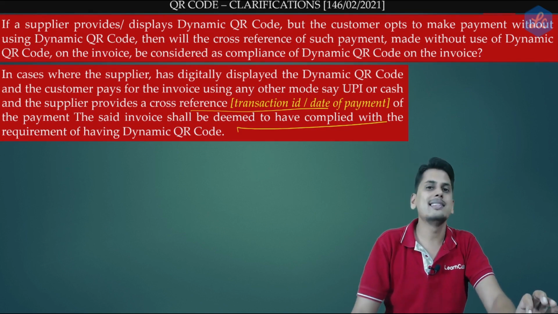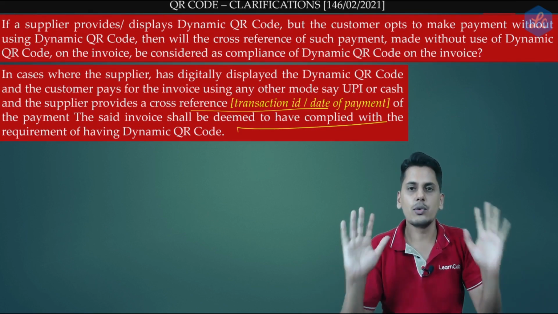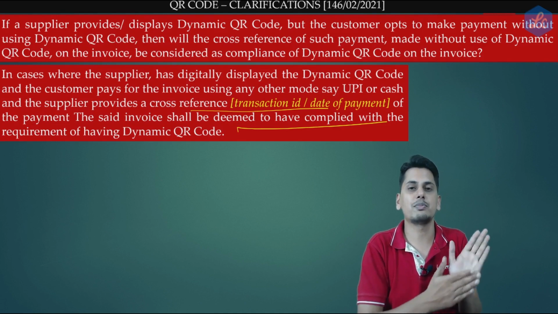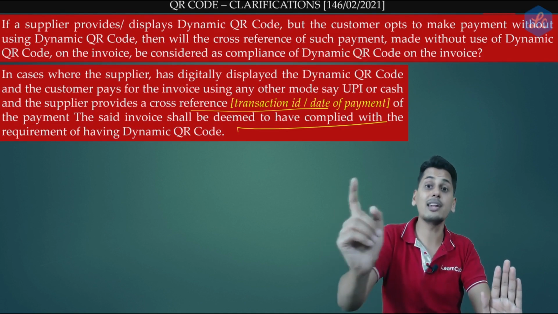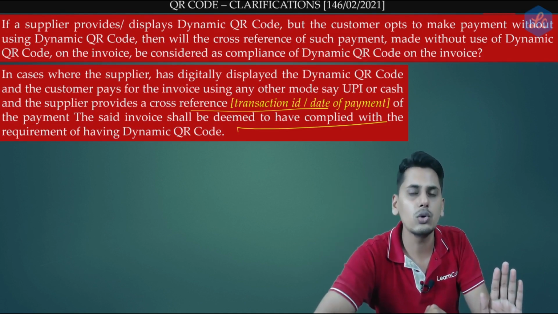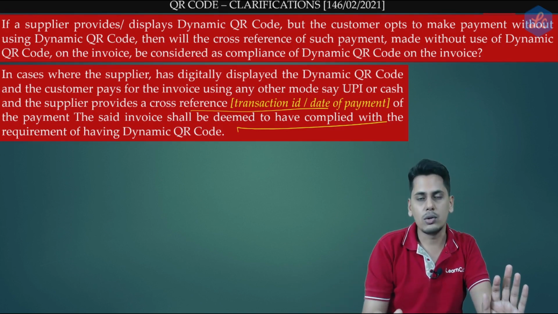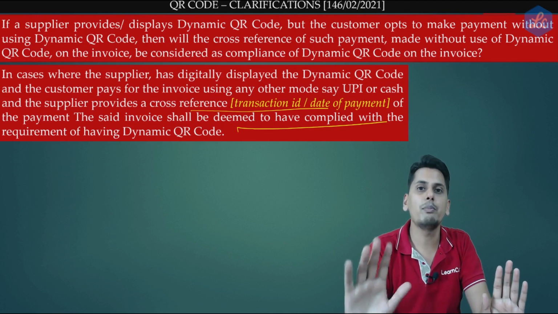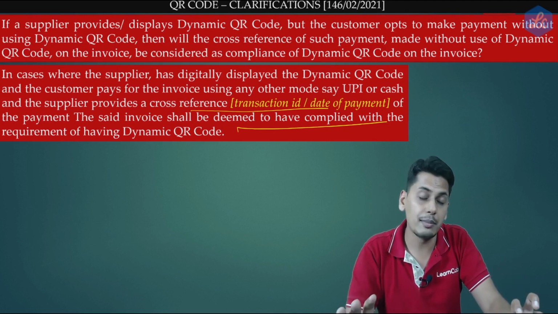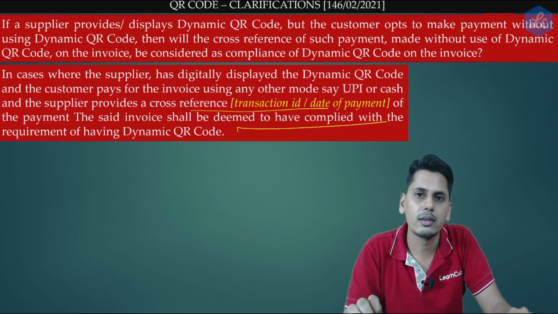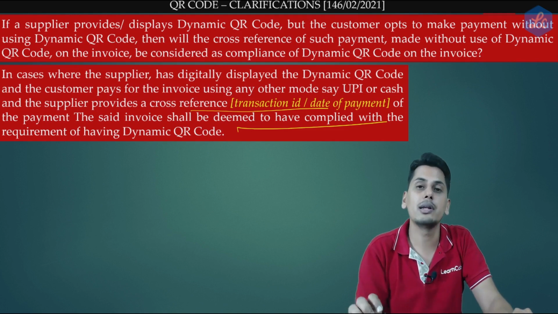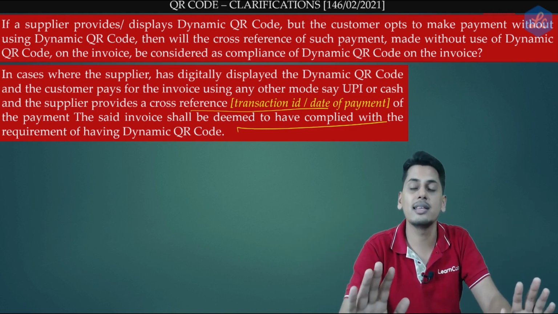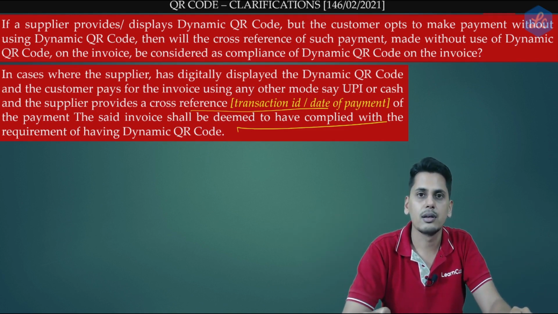So friends, in simple terms, this question says, I have digitally displayed the dynamic QR code. I have given an option to the buyer to make a payment through dynamic QR code. The buyer doesn't use this option. He has made payment either through cash or some other means, say UPI. And thereafter, I am going to give him an invoice, which means the invoice is a prepaid invoice.